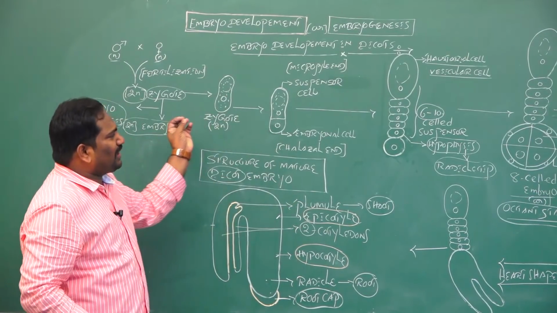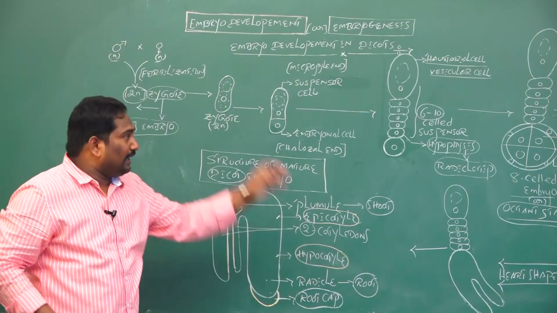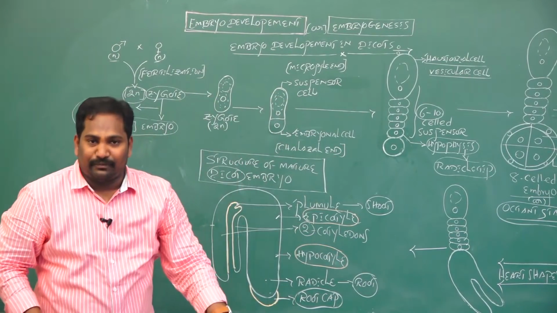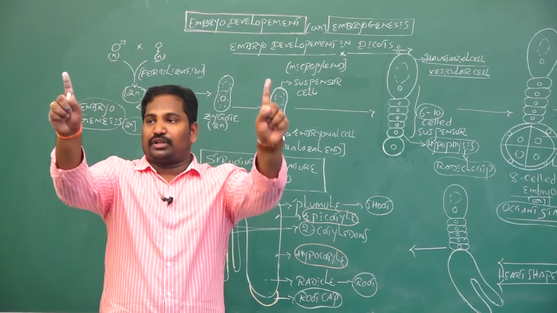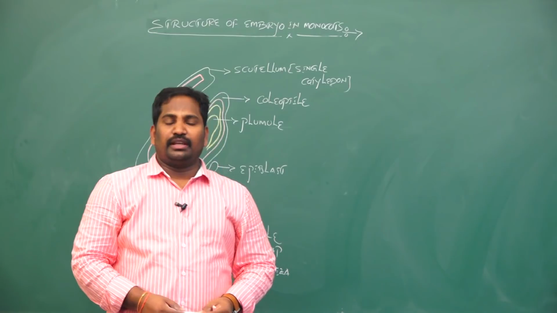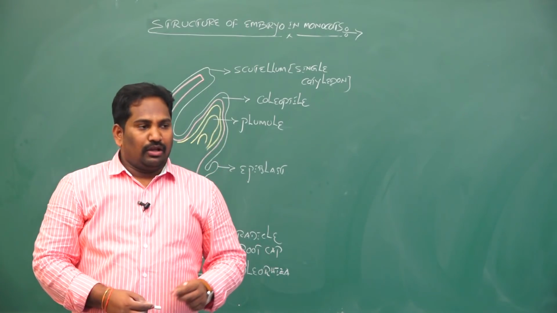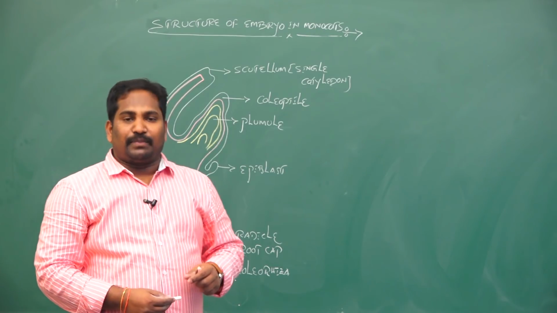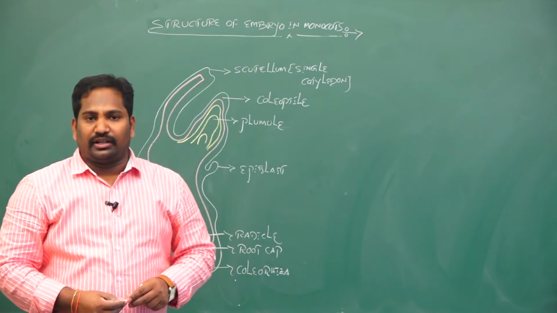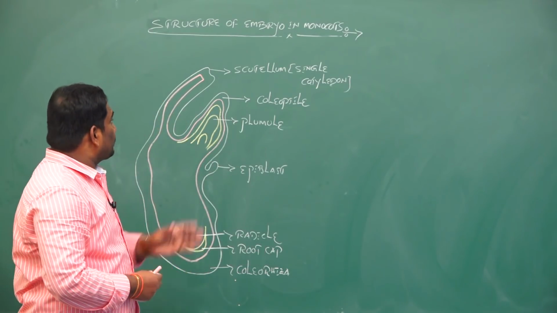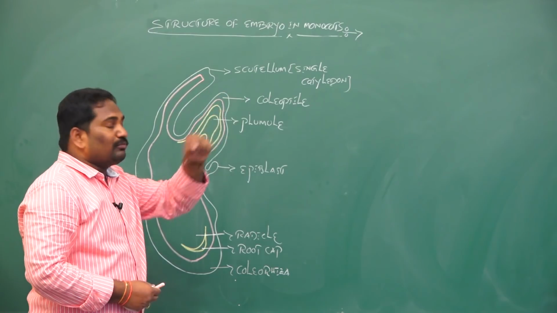The process of embryogenesis in dicotyledons and in monocotyledons is more or less the same. Next we discuss the structure of the monocotyledon embryo. Monocots means the seeds of the plants have a single cotyledon. In this class we discuss the structure of the embryo in monocotyledons.